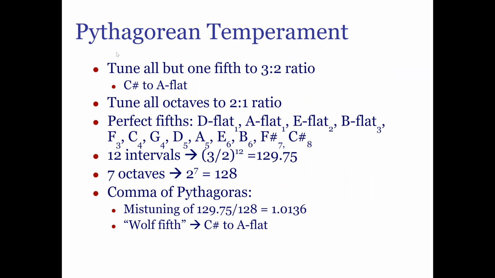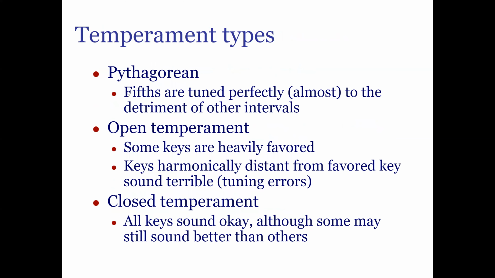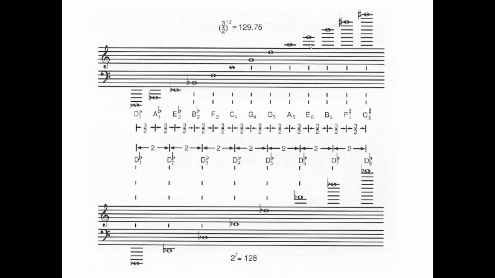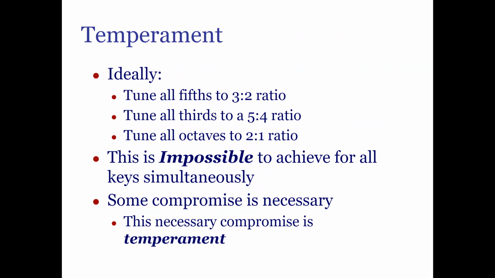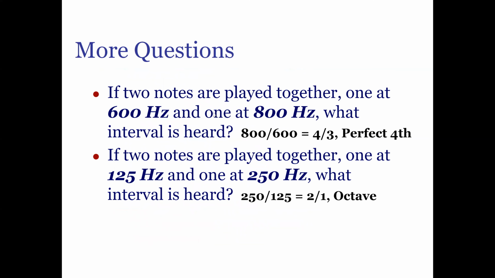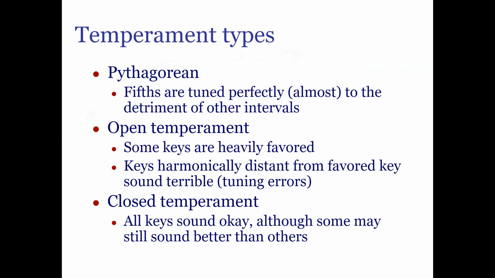So the Pythagorean temperament, we're going to tune all of our fifths true except one. In this particular case, they are talking about, on this scale, the A sharp, which would be the B flat, to, sorry, let me go, I'm going the wrong way.